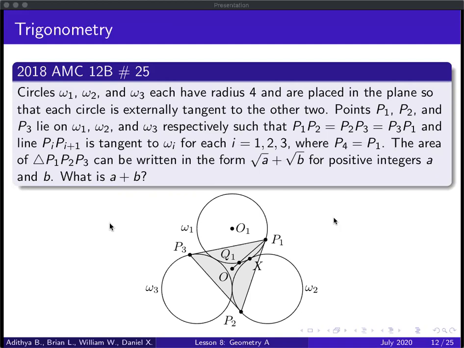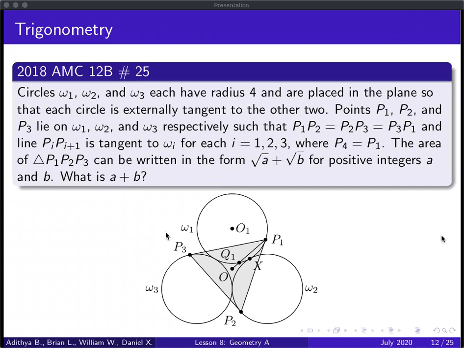As the person said in the chat, if you consider the triangle formed by the 3 centers of the circles, that triangle is equilateral, and the center of that triangle is O, by the same symmetry argument.